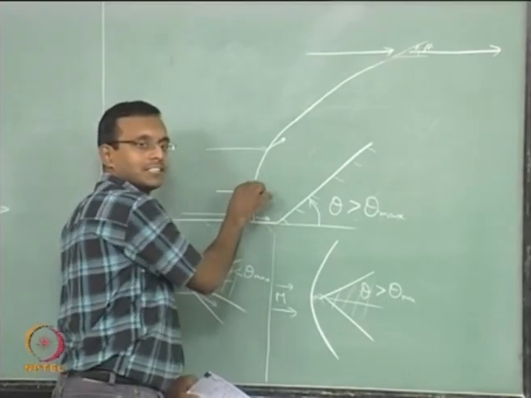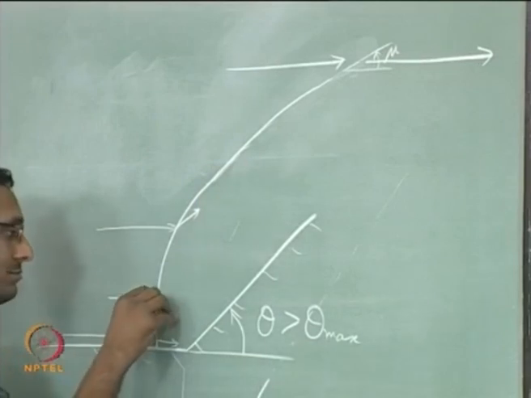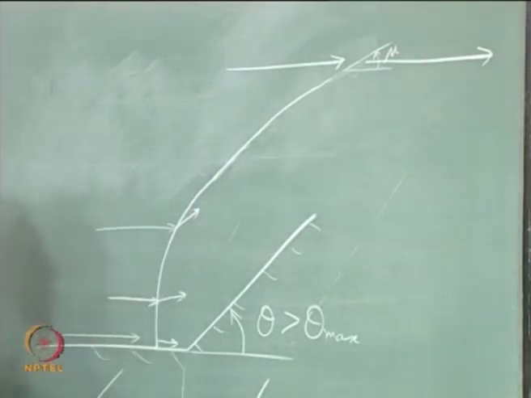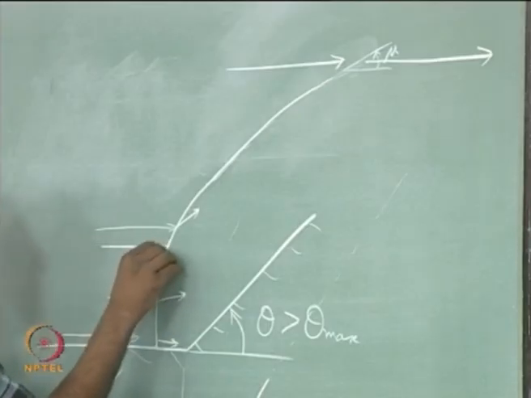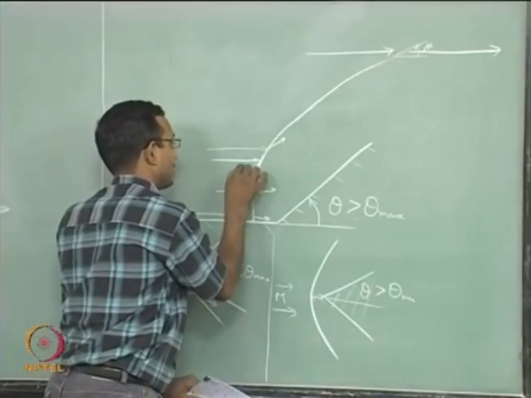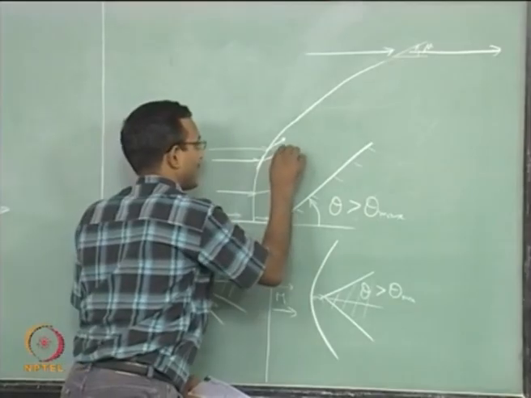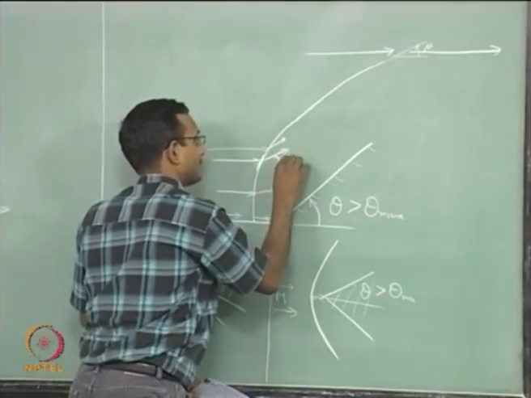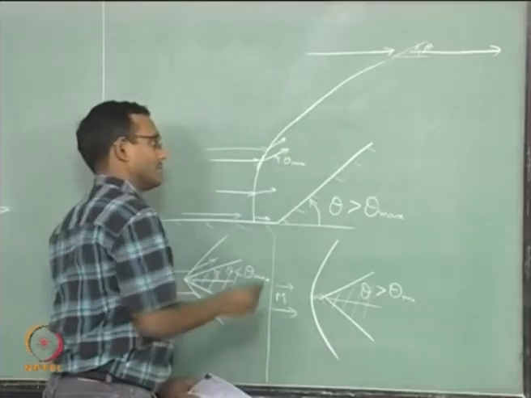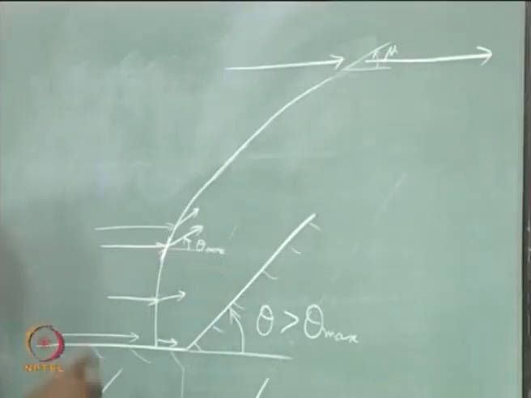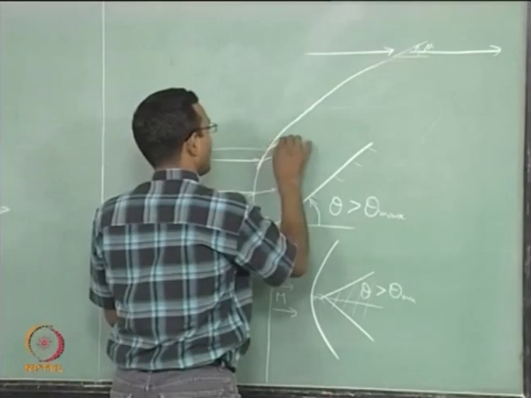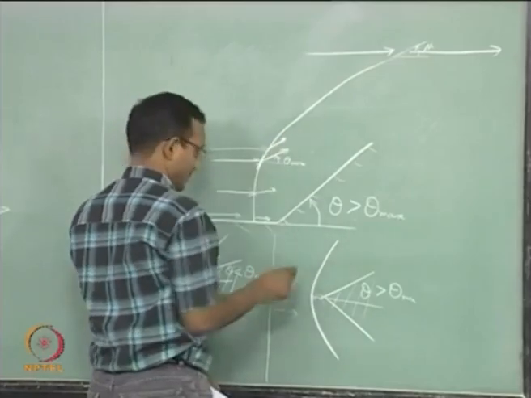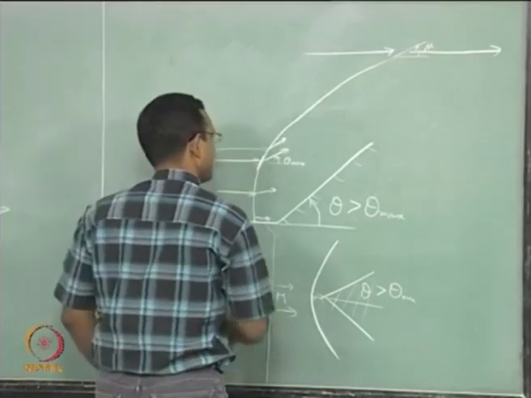Somewhere here it has a small theta, so it will turn a little bit. Let us say this is my beta corresponding to theta max, this particular thing, let us call it, I will just put this arrow and call it theta max. Okay. The deflection at that particular line, I do not know where it is somewhere, that particular line will be theta max. After that, now I am going to have again decreasing streamline angles.